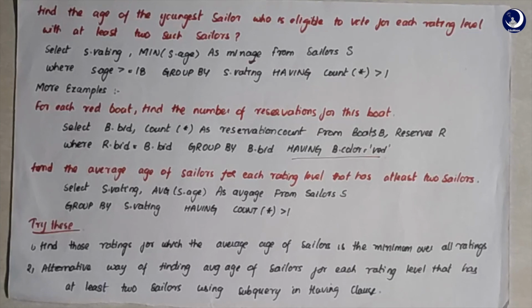The questions are: find those ratings for which the average age of sailors is the minimum over all the ratings. This is a sort of small assignment that you can do. It's a choice, you can if you want to. You should also learn the alternative way of finding the average age of sailors for each rating level that has at least 2 such sailors, using a subquery in a having clause.